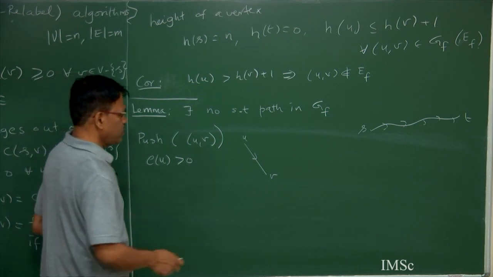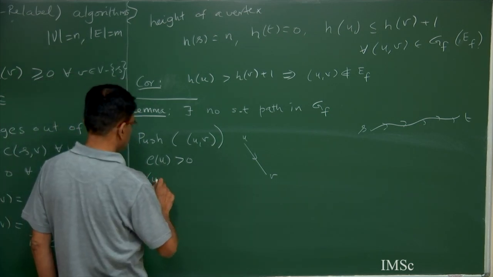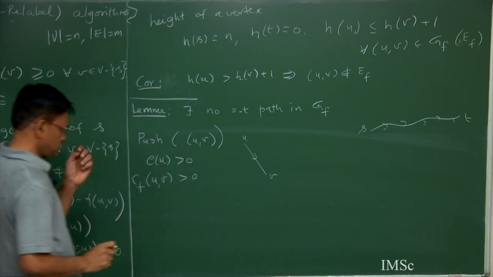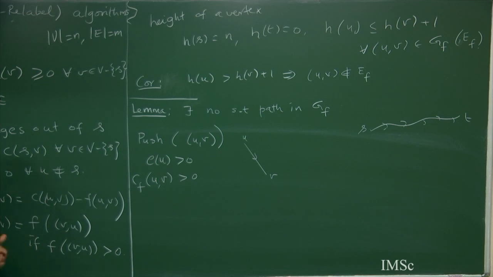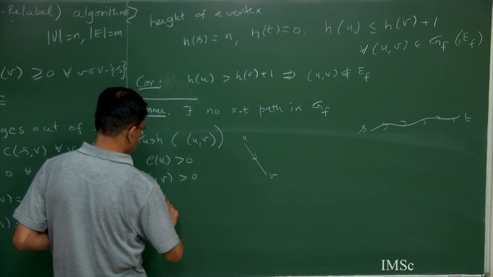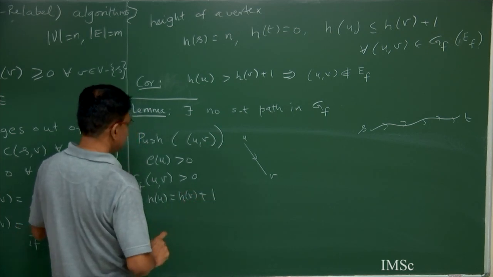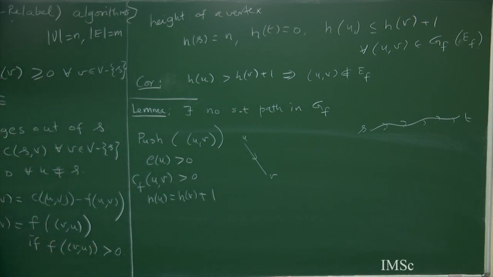What else do I want? The edge uv should have some residual capacity to send. Here is an important property, which is that height of u is exactly equal to height of v plus 1. If all these three conditions are satisfied, then I am going to push.